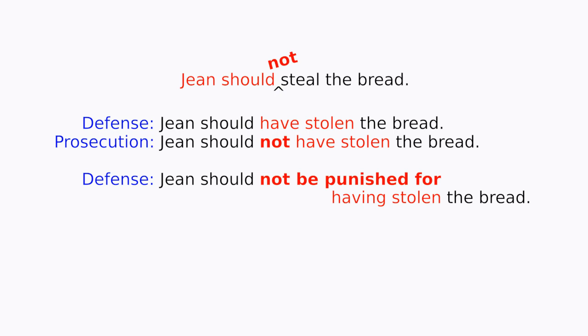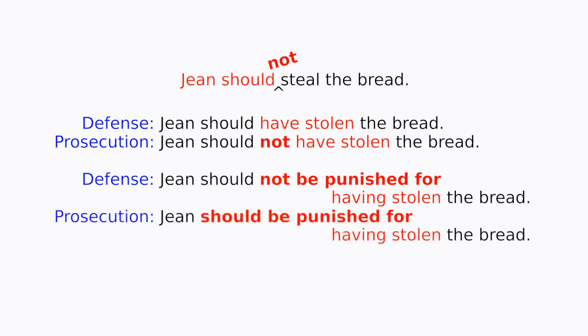I guess you could possibly go this route if you wanted to establish that the bread was somehow public property, in which case the term steal is inappropriately applied. But you can see how some arguments offer much more challenge than others. All right, conversely, the punishment-centric prosecution would be, Jean should be punished for having stolen the bread.